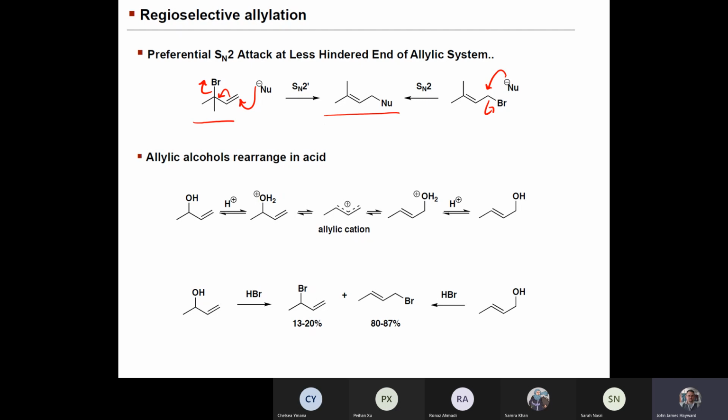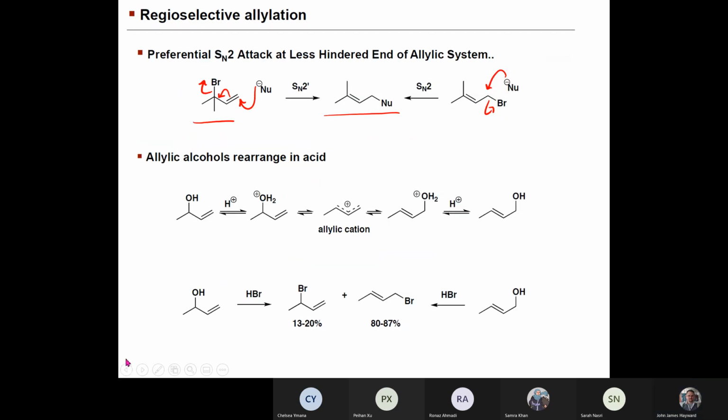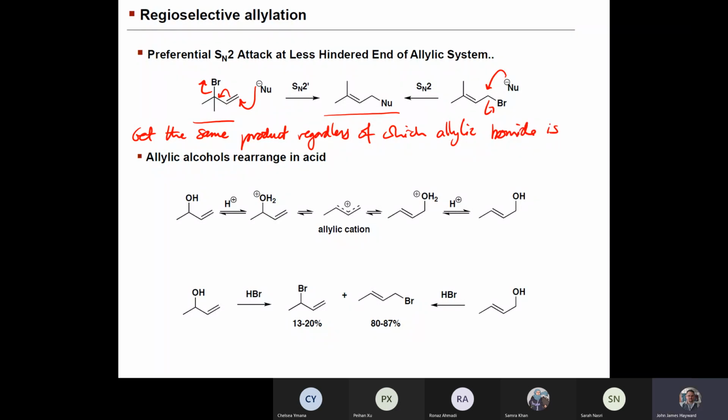Both things give the same product. So we get the same product regardless of which allylic bromide is used.